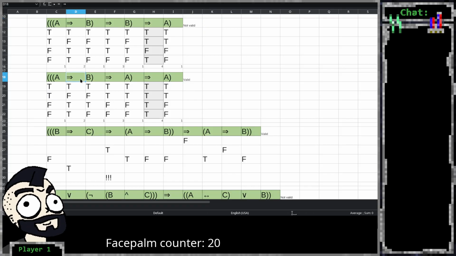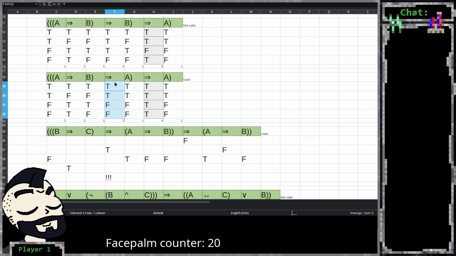But now I have A implies B implies A, and that implies A. That is actually valid. Because A implies B implies A is equivalent to A. And of course, A implies A. I know they're equivalent because they have the same result in the truth table, in the same order.